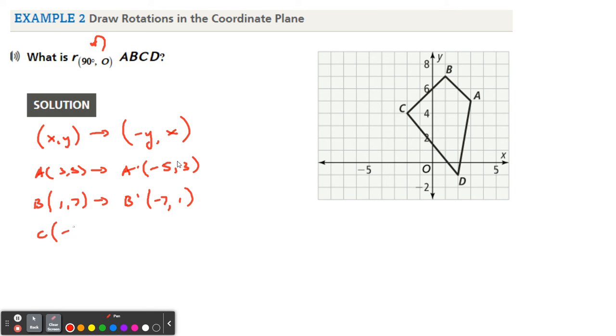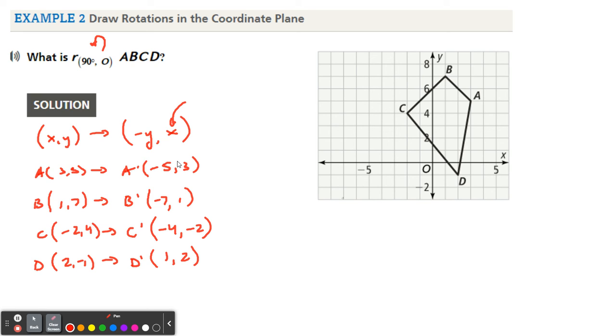C is at (-2, 4). For C prime, y comes first, becomes opposite, x goes second. I know in the formula the x doesn't have a negative sign, so you keep it the same. It doesn't mean negative, it means keep the same. So the -2 stays the -2. Then D at (2, -1) becomes D prime: bring the y forward to make it opposite, so -1 turns positive, and x goes second and stays 2.